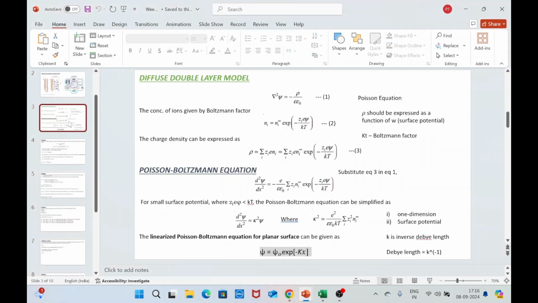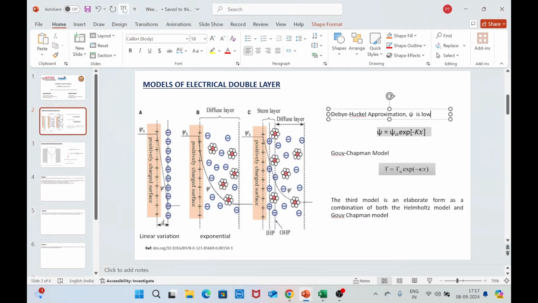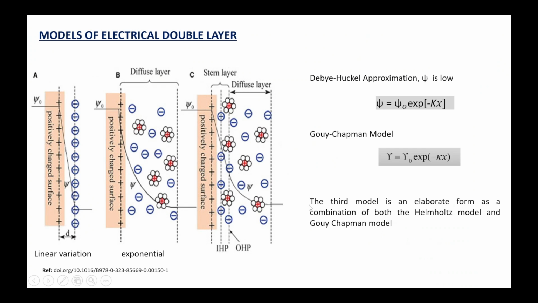The name for this was the linearized Boltzmann equation. We derived it, gave a particular condition, and simplified our solution, where the assumption was that the potential should be low. This is how we came up with the relation psi equals psi naught e to the power minus kappa x, where kappa is the Debye-Huckel parameter.